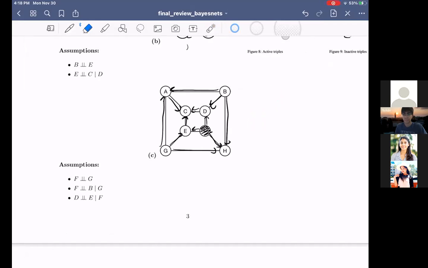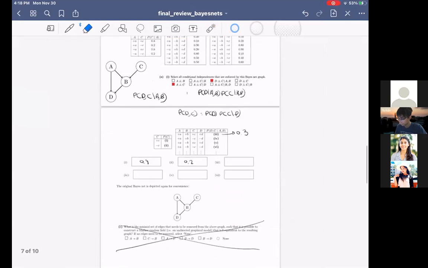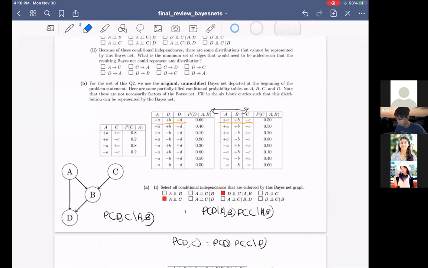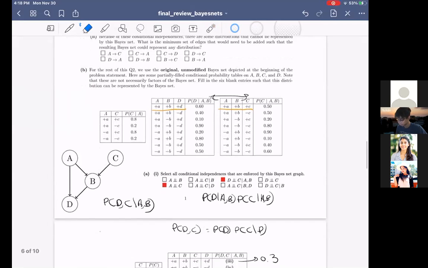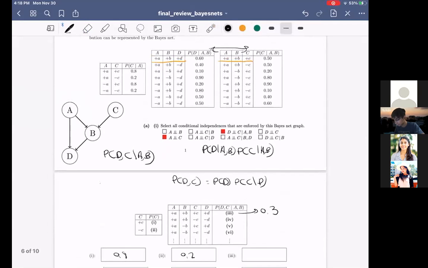I actually have a question about the previous question, problem 1, part B. For the 3, I was thinking, can we think of it this way: probability of D and C given AB equals probability of A, B, C, D divided by the probability of A and B? In this case, that's right.